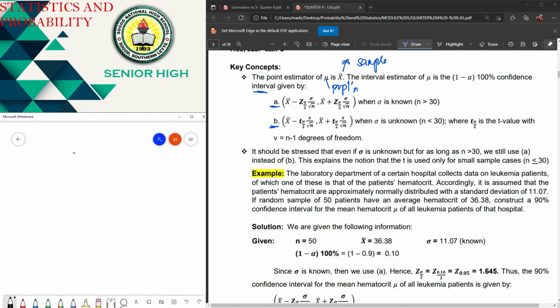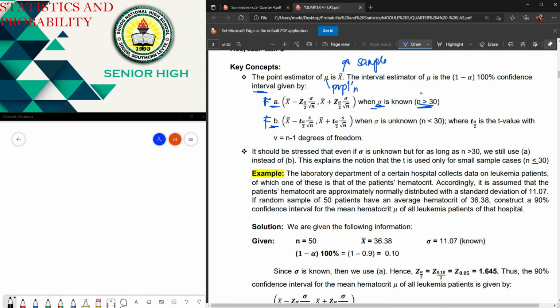When the standard deviation, or the variance, is known, or n is greater than 30, then you're going to use formula A. And if n is less than 30, then we're going to use formula B. Remember, in formula A we're going to use the z table, and for formula B we're going to use a t table.